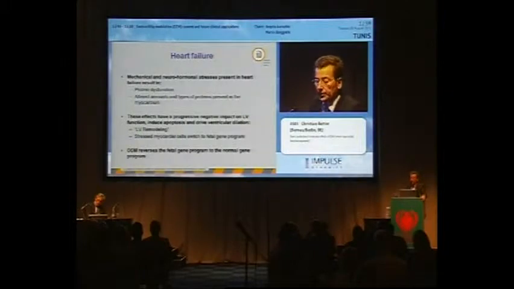We all know that heart failure has an impact on several proteins as well as on neurohumoral stress. So we know that that results in a protein dysfunction, that we have an altered amount and types of protein which changes in the myocardium. And finally, these effects have a progressive negative impact on the LV function, which results in an LV remodeling, which is the consequence of any reason of heart failure.